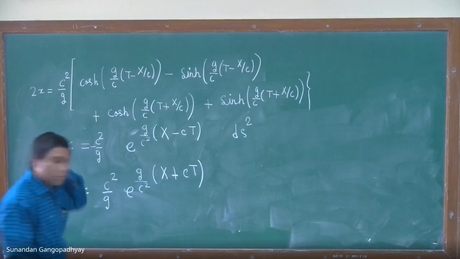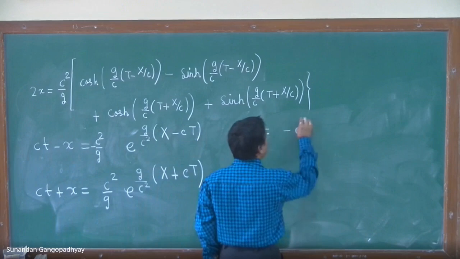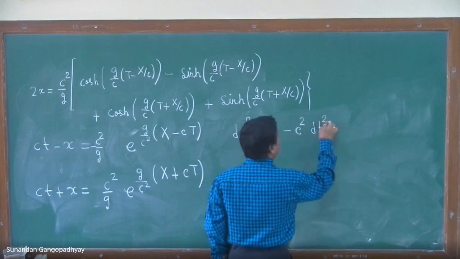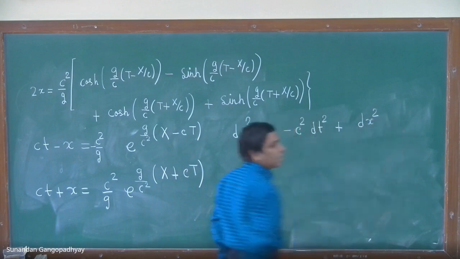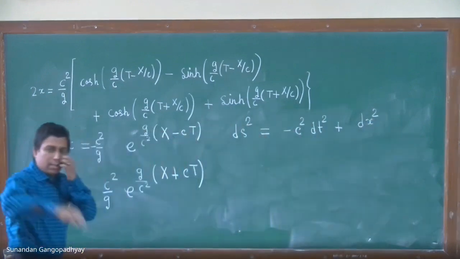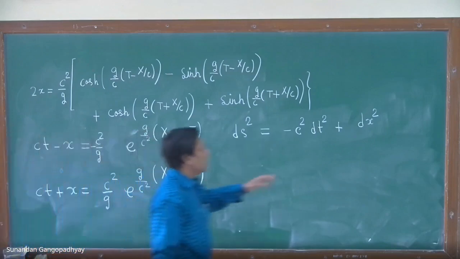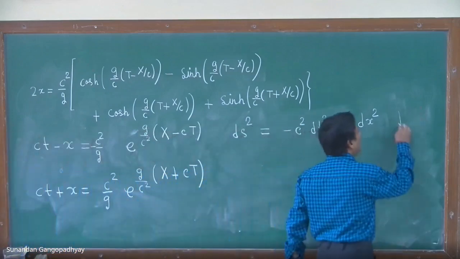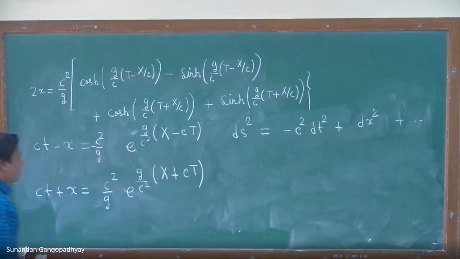And ds square is what? We are using the mostly positive signature. So this is minus c square dt square plus dx square. I am suppressing y and z, since it is moving along the x direction, you don't need to worry about y and z. It is there, dy square plus dz square, forget about it.